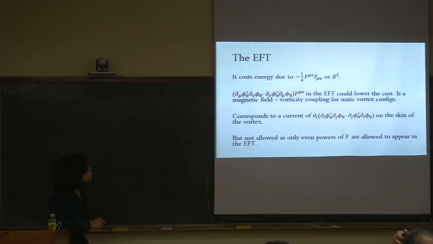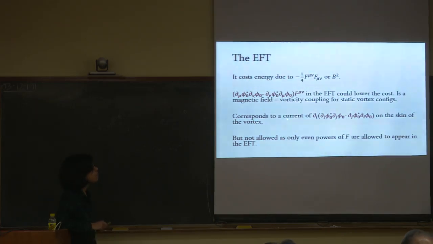In principle, you could have this coupling between magnetic field and vortex, and there is something interesting here related to superfluid helium, which I won't talk about here, but we figured it out while thinking about this project. So in principle, this term could lower your energy.